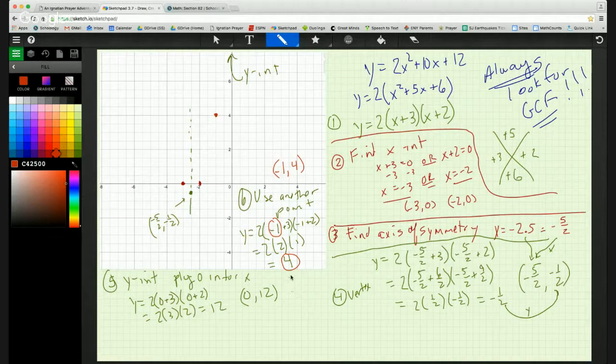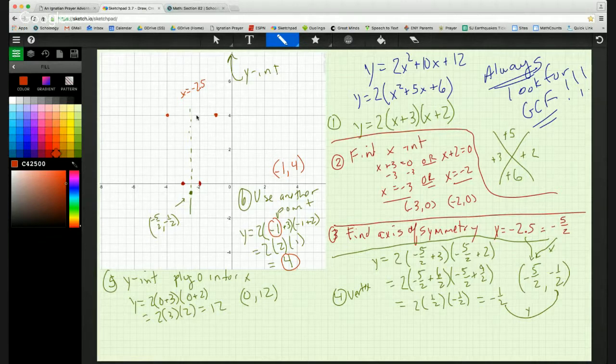And now we can still use our mirror technique to find another point. So this is negative 1. We have to go from negative 1 to our mirror. This is, remember, x equals negative 2.5. So this is negative 1. We've got to go 1.5 over this way. So there's 0.5. There's 1. So we're going to go right to here.